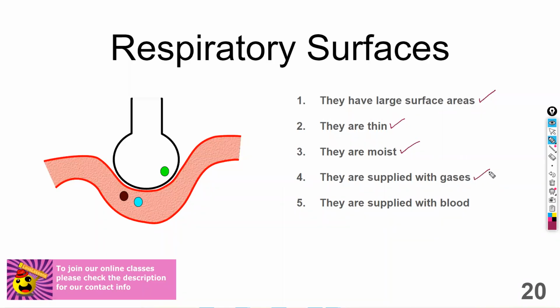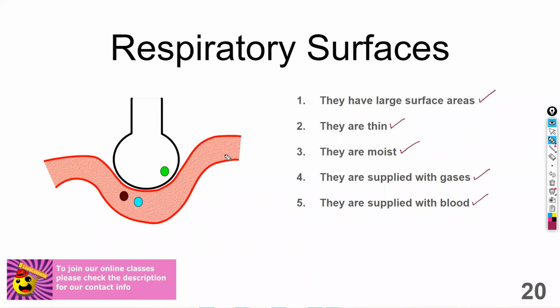There must also be gases involved. But the gases involved in today's question is mainly oxygen and carbon dioxide, right? It doesn't make sense to breathe if there's no oxygen available, right? And also, all respiratory surfaces must have a blood supply very, very close to it. Because what's the point of breathing if it's not going to take the oxygen and put it into the blood?